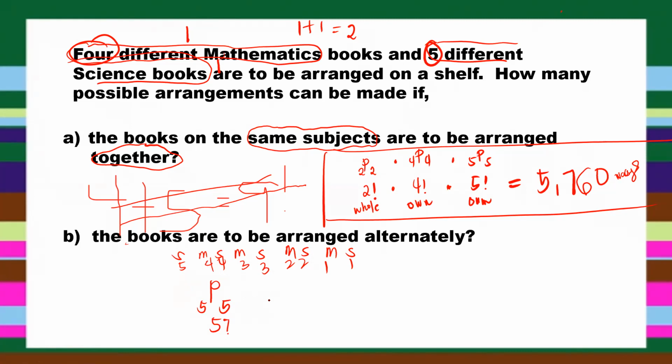Then the math books, permutation of 4 taken 4, which is equal to 4 factorial. So 5 factorial times 4 factorial is 2,880.